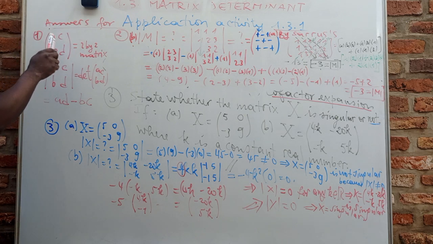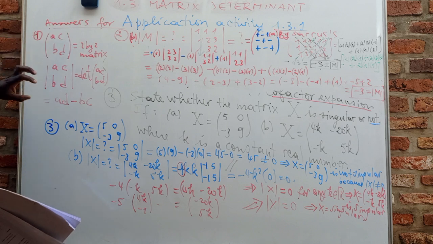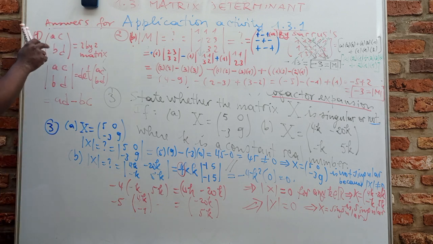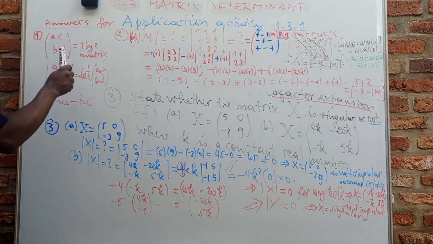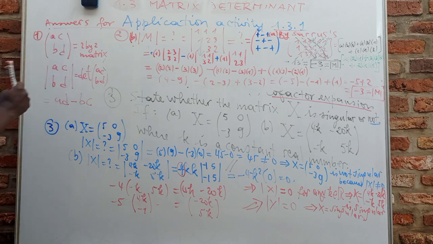We are given these two matrices and determinant, and the question was to distinguish between this element and this element. The answer was, of course, this is a 2 by 2 matrix, whereas this is the determinant.